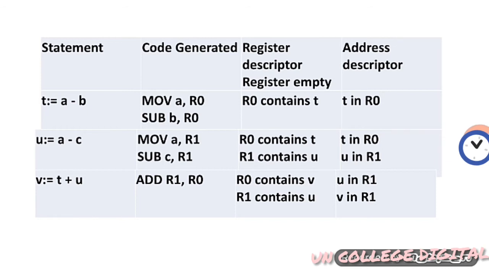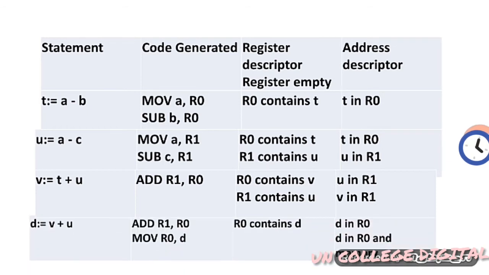Now I am moving towards the last one, d equal to v plus u, and the code generated is add r1 comma r0, move r0 comma d. The register descriptor says r0 contains d, and the address descriptor says d is in r0 and in memory also.